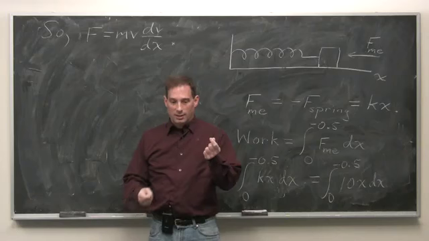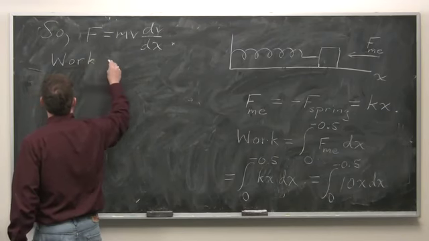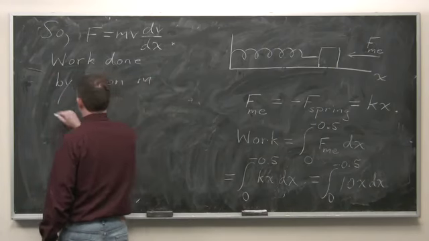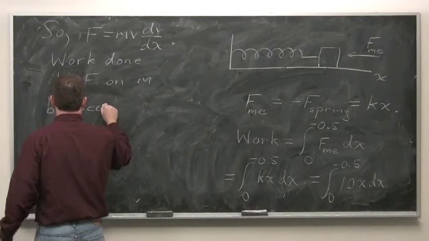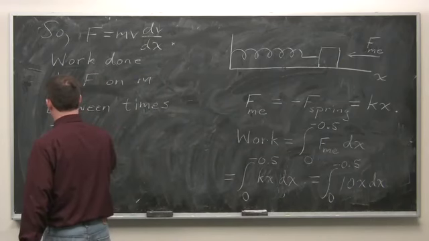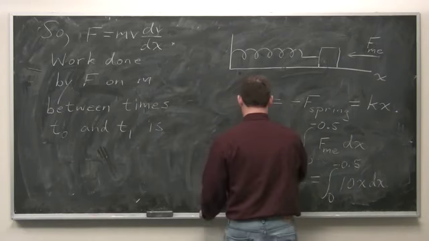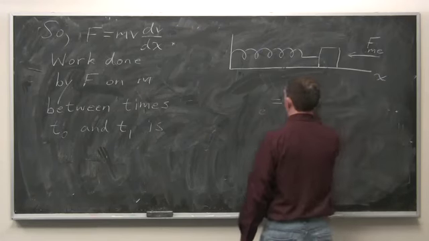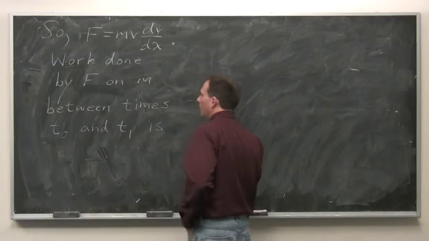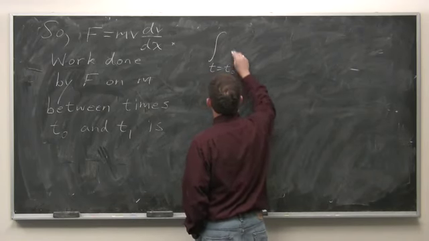Now let's imagine that we're looking at the motion of this mass and we're looking at the work. The work done by F on m between, well, we could say between two positions. Position is also a function of time. I'm going to write everything in terms of time just because it's easier to talk about. Well, it's the integral, and I'll write t going from t0 to t1.